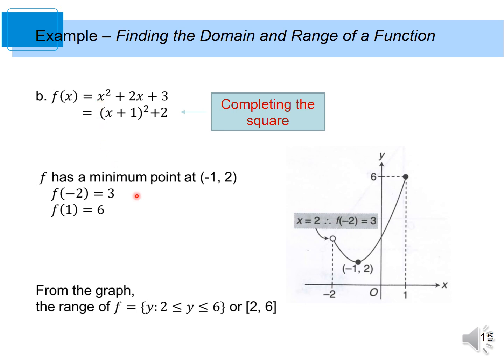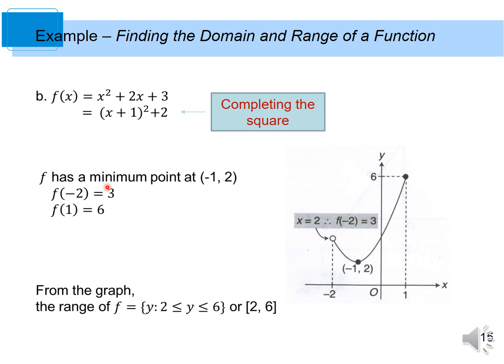After you obtain the minimum point, you substitute the given domain into the function. Starting from -2, you substitute -2 into the function and you get 3, and then you substitute 1, so you have 6, and then you can conclude your answer.